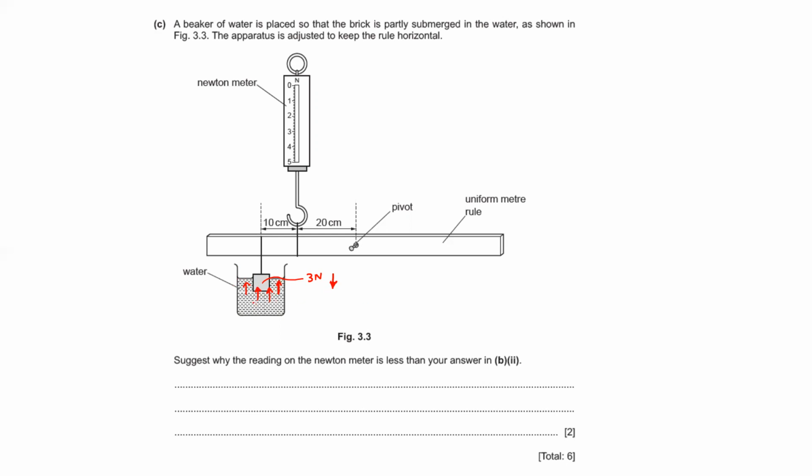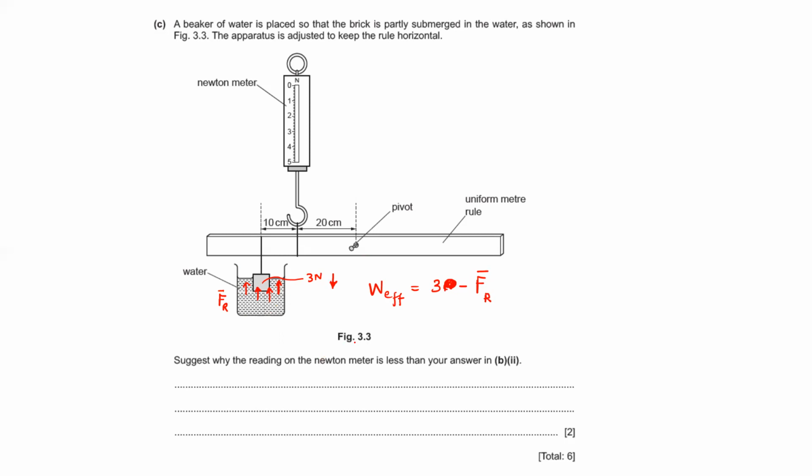That reaction force, F dash, I call it FR. So the effective weight becomes the actual weight minus the 3 Newtons force acting in the reverse direction. So the effective weight basically decreases. You can write weightlessness as well, but it's not a good answer.